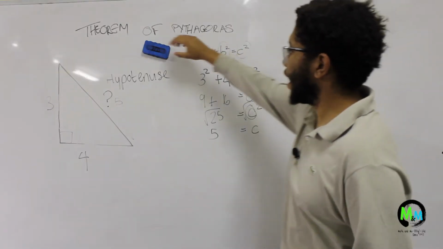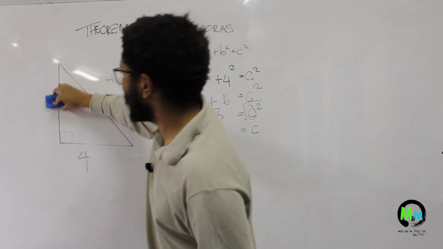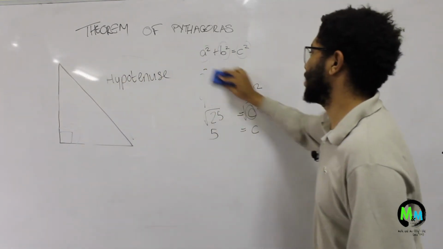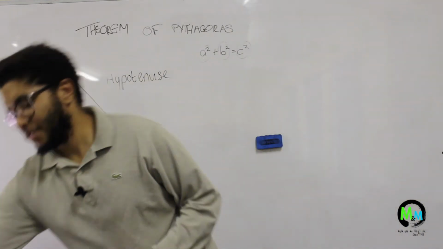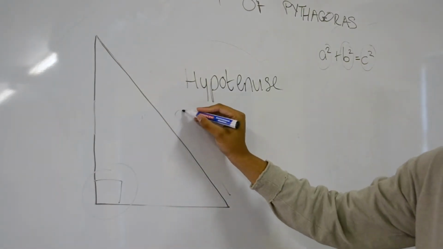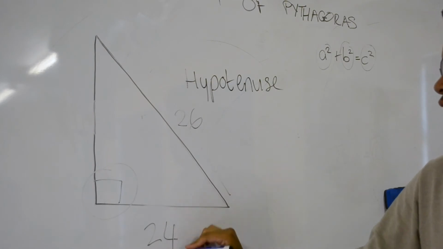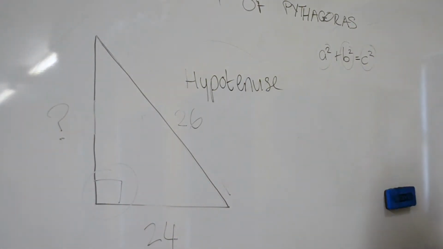Okay, then I'm going to go through another example where instead of finding our hypotenuse, we are going to find one of our other unknown sides. In this example, I have 26 over here, 24 over here, and I'm going to find my unknown side over there.